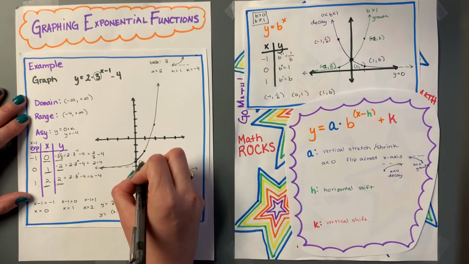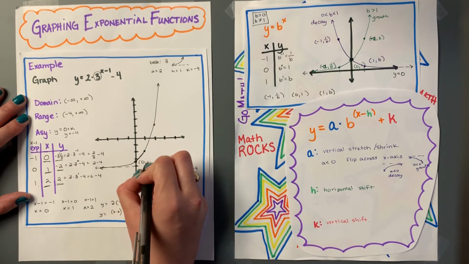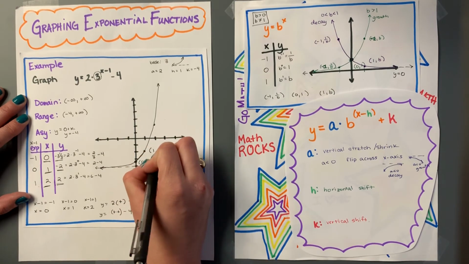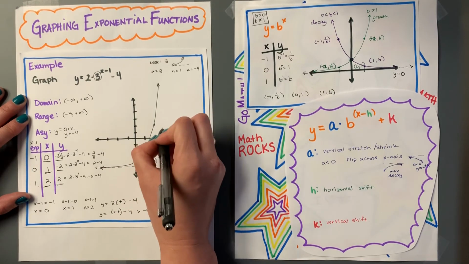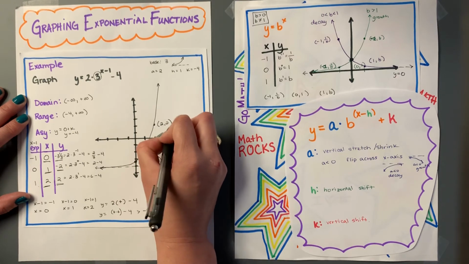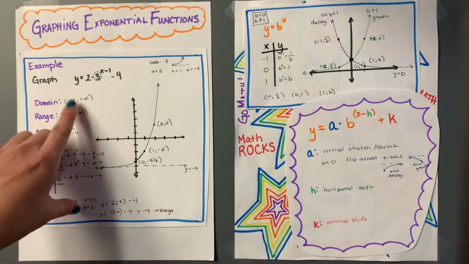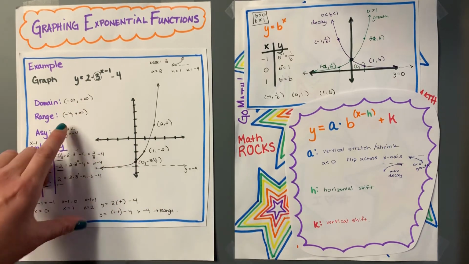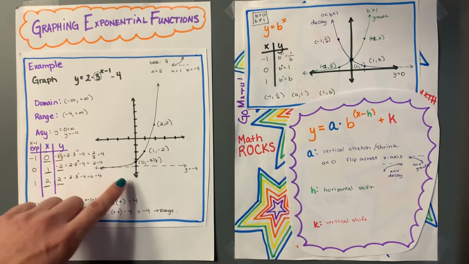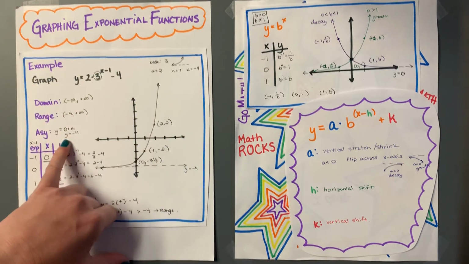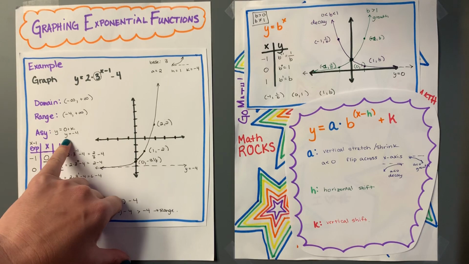So this is the point 0, -3 1/3. This is the point 1, -2, and this is the point 2, 2. I have my domain that x can be any value. I have my range that y values will always be greater than -4, and my asymptote is at y equal to -4.